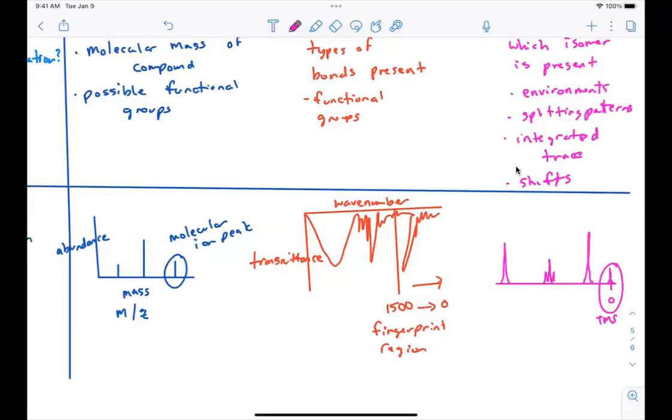So we do need to know splitting patterns. So there's three environments. Let me write that down. Three environments. This is a singlet, and a triplet. So the number of peaks inside each environment has a name as well. No neighboring hydrogens, exactly. And the triplet has two neighboring hydrogens.